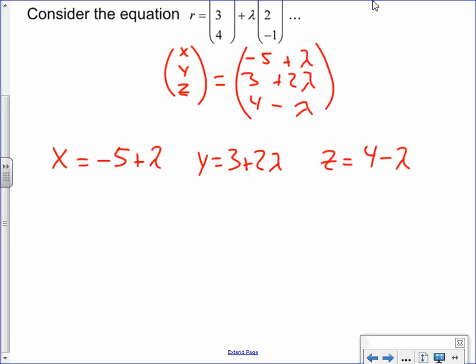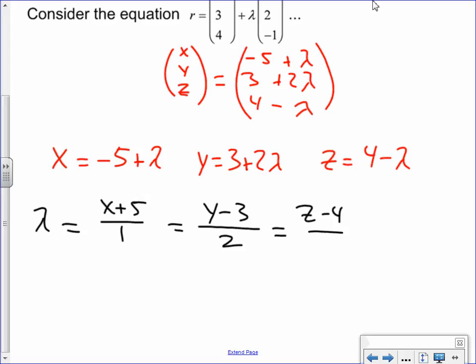Solving for lambda in all of those cases, in the first one, you would get x plus 5 over 1. There's a reason I put it over 1. y minus 3 over 2. And z minus 4 over -1 to get lambda.